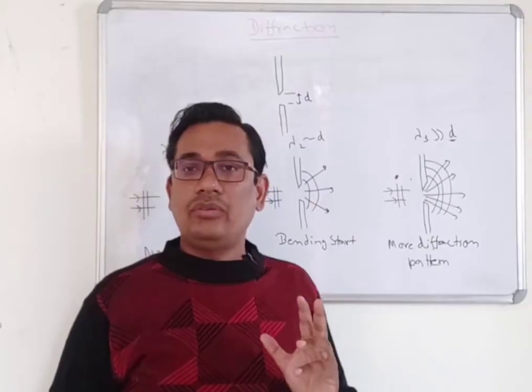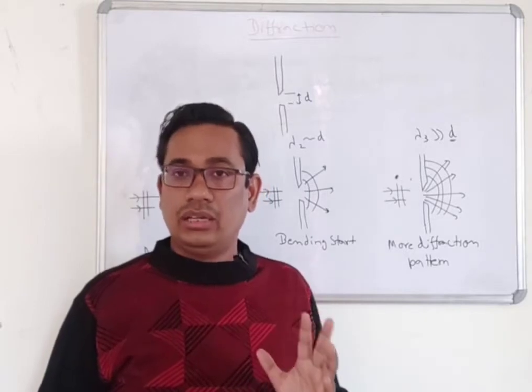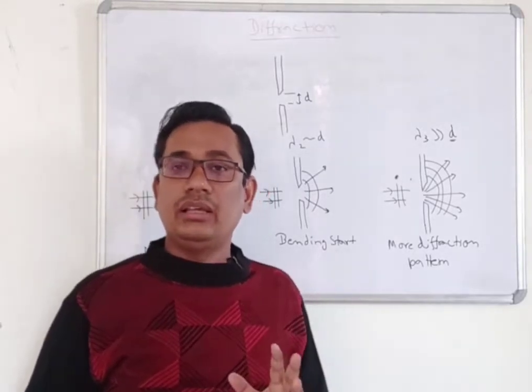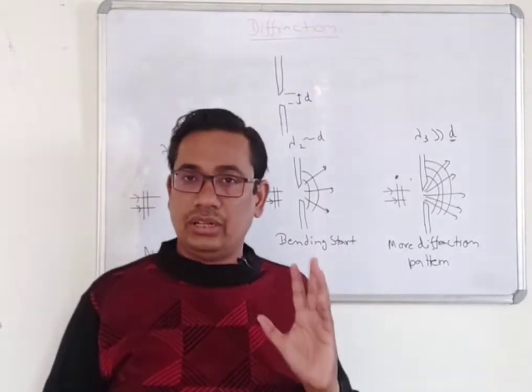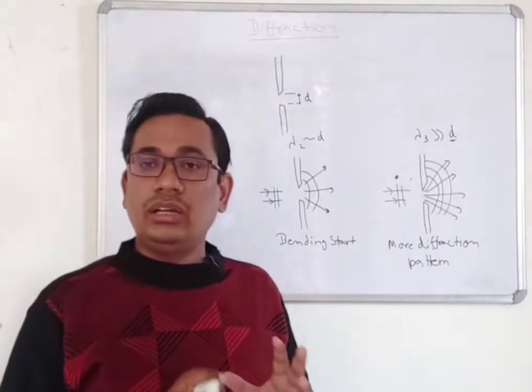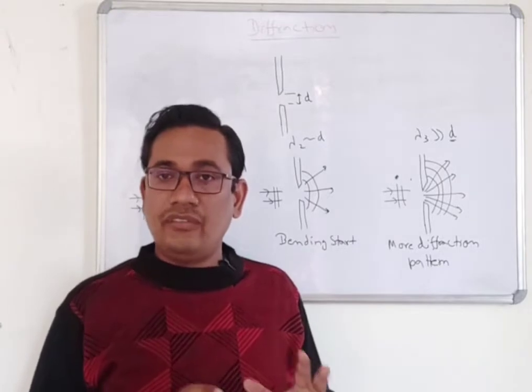There are two types of diffraction phenomena. One is known as Fraunhofer, the other one is known as Fresnel. So what is the difference between these two phenomena of diffraction?